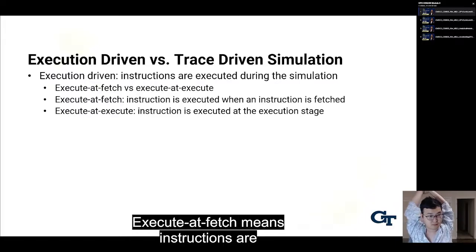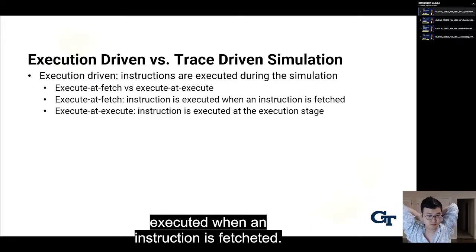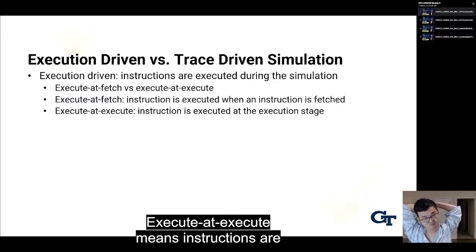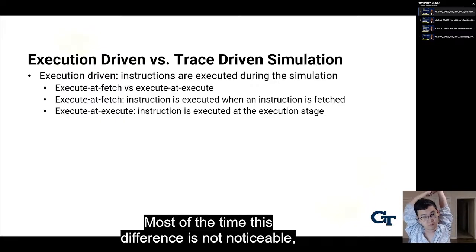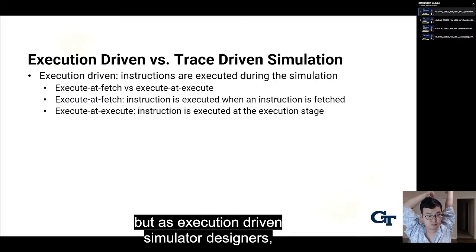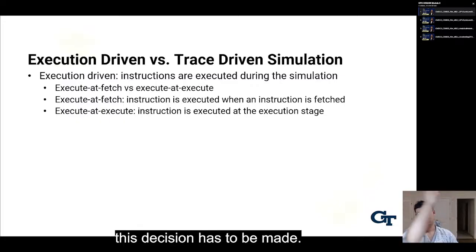Execute at fetch means instructions are executed when an instruction is fetched. Execute at execute means instructions are executed at the execution stage. Most of the time, this difference is not noticeable, but as execution-driven simulator designers, this decision has to be made.